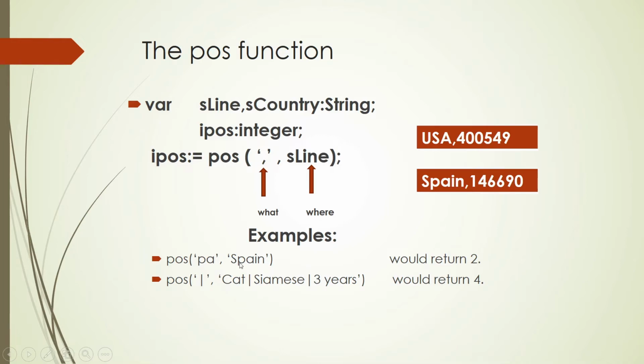Remember, pos will return it as data type integer. In the second example, I'm searching for the slash character, and I want to see where it is found in this string literal. It's going to return that it's found at position 4. And remember again that your string starts at index 1.